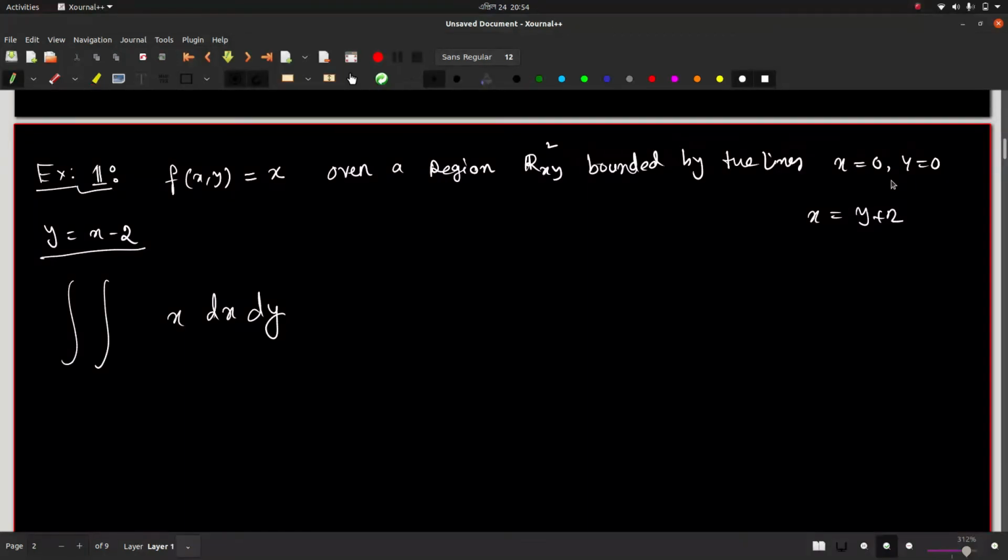Now the question is, what is the lower limit and what is the upper limit? To visualize that, you have to draw the region. So if we draw the region, it will look something like this.